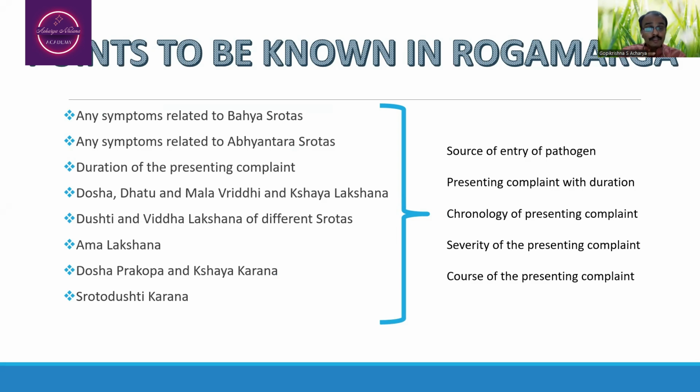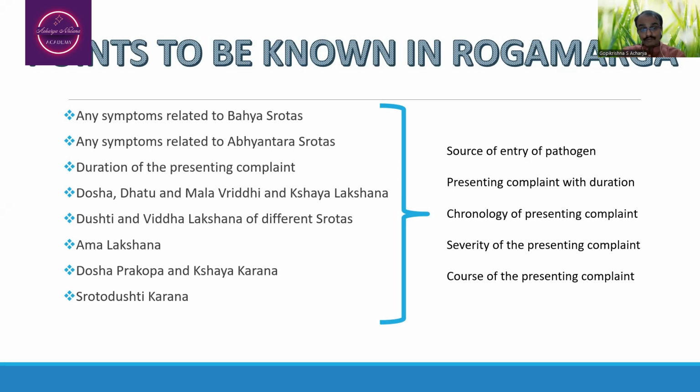Then, any symptoms related to abhyantara srotas, whether they are there or not, should be known. As we have discussed earlier, we need to know about pranavasrota subflexion, rasavasrota subflexion, raktavasrota subflexion or purishavasrota subflexion. Then we need to know about the duration of the presenting complaint.